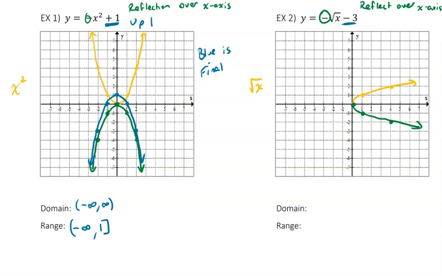We still have this -3. So the -3 is going down 3. So from our green one, we're going to move every single point down 3.